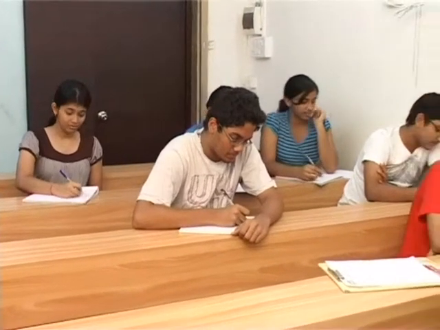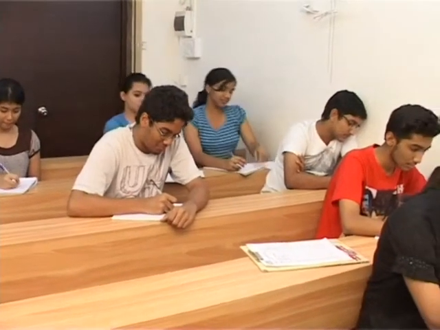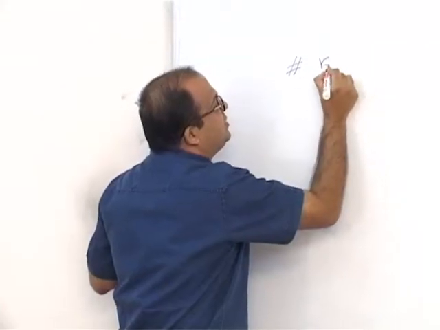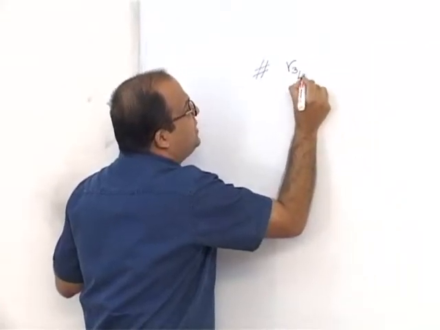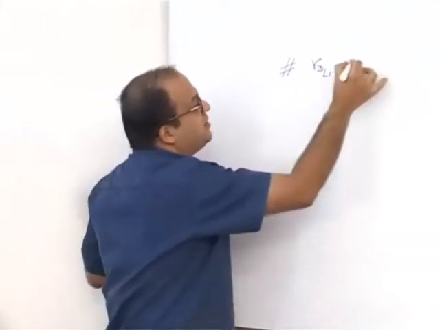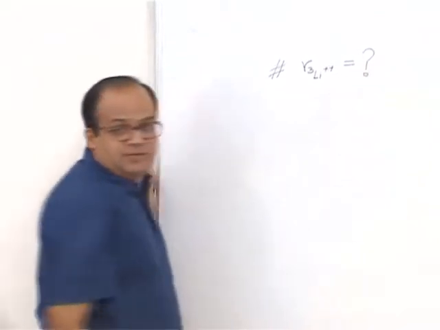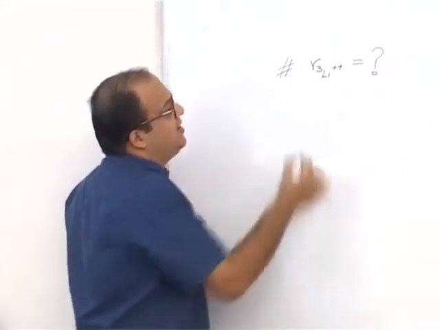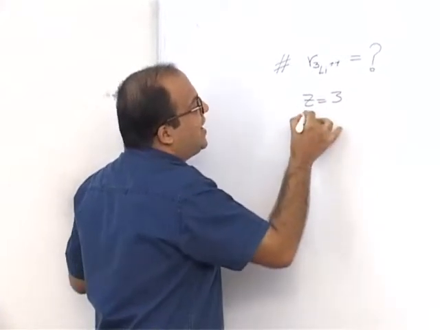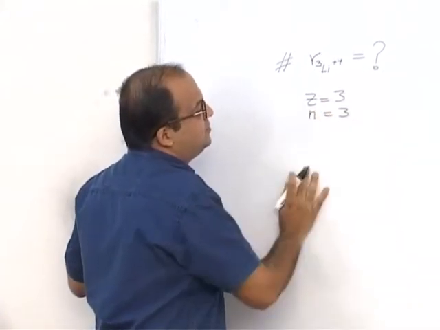Now let's take up a simple problem. Suppose you have to find the radius of the third orbit of Li plus plus. Z is 3 for lithium, and n is also 3 here.